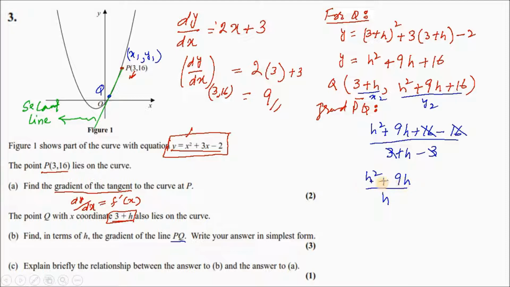If you take h common from the numerator, we get h plus 9 divided by h. h again gone. So the final gradient, if I use m for gradient, a general symbol, m of PQ is h plus 9. This is the gradient of the line PQ in terms of h.